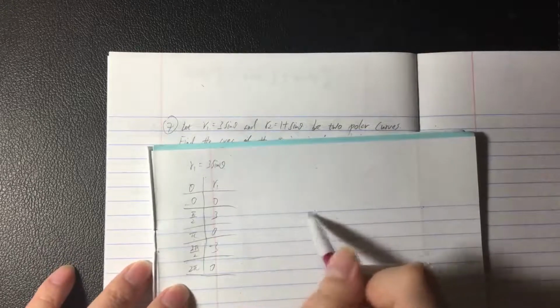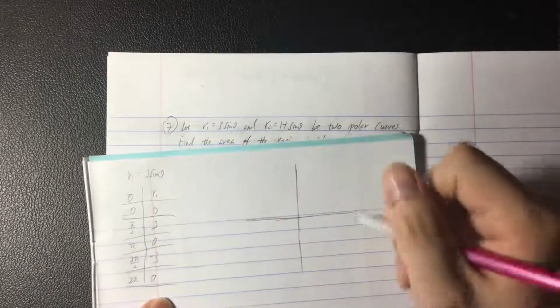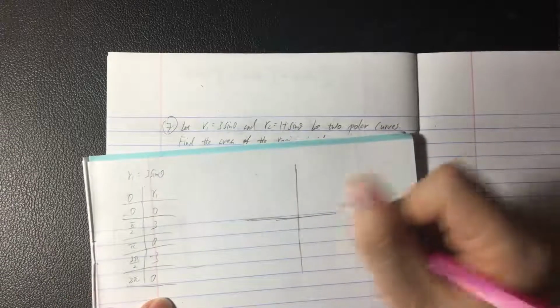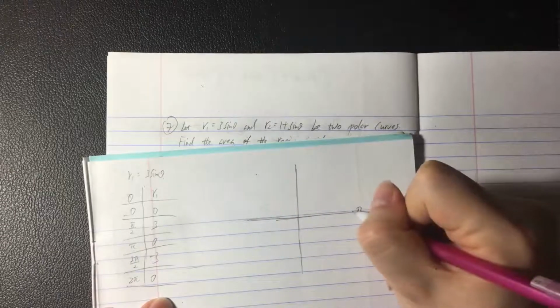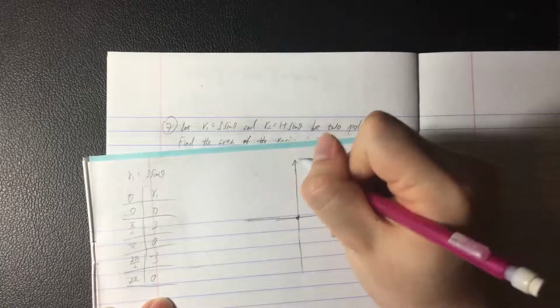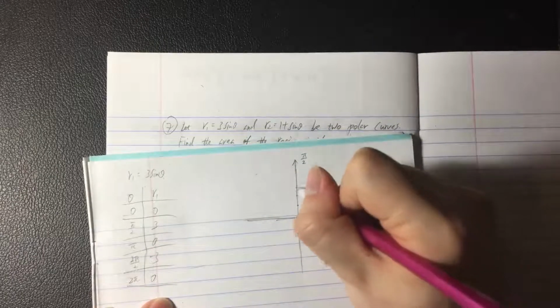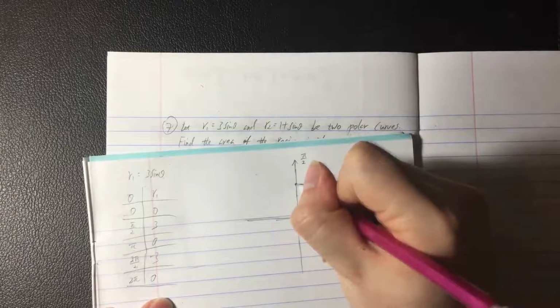Let's plot points. When theta is 0, that's in a positive direction. R is 0, the point is here. When theta is pi over 2, that's in a positive direction. R is 3, 1, 2, 3, the point is here.